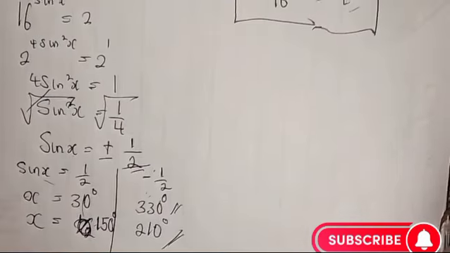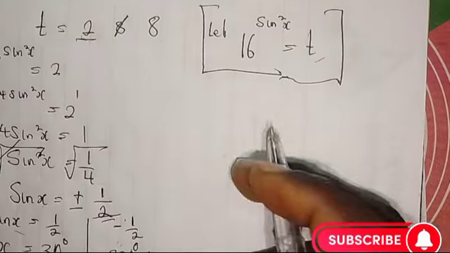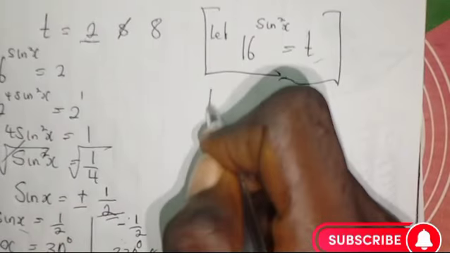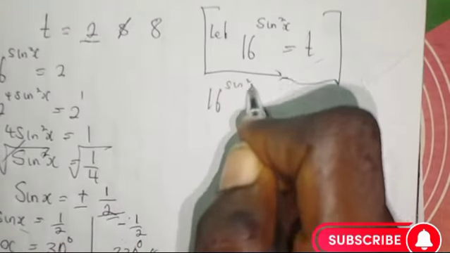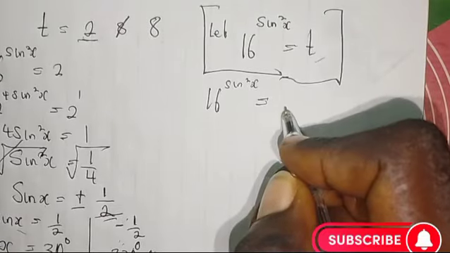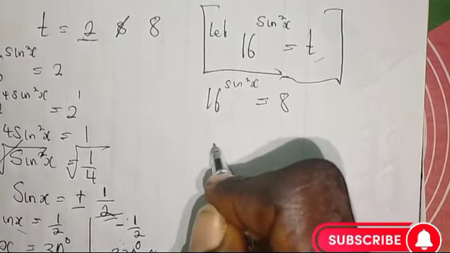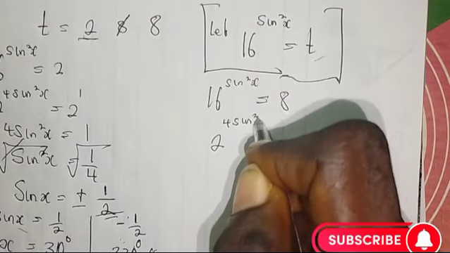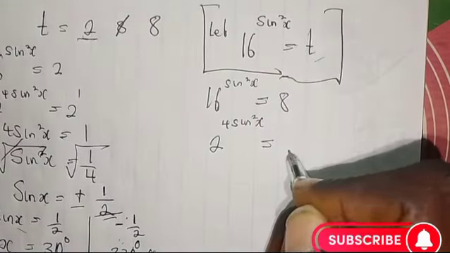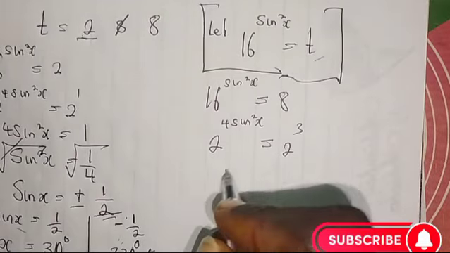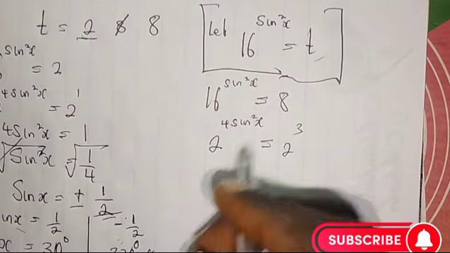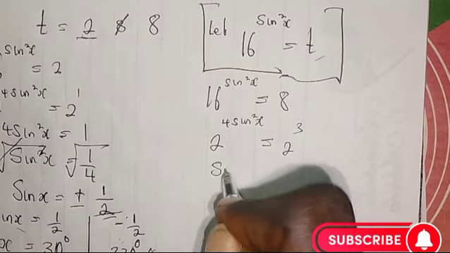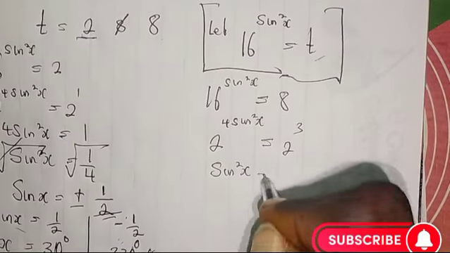Now let's look for the value of x when 16 raised to power sine square x is equals to 8, right? So equating the base the way we did the first one, we have 4 sine square x is equal to 2 raised to power of 3. So here now, for this to be fast, we know what to do, right? So we have sine square x to be equal to 3 over 4.